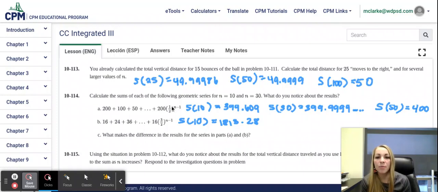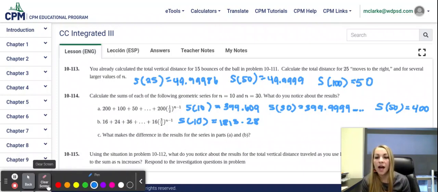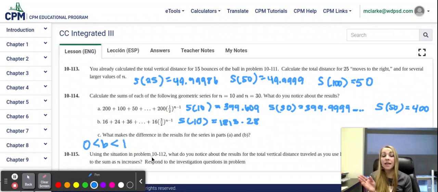We have a multiplier. We have a B value that is between 0 and 1. And so when I have a B value that is between 0 and 1, my infinite series goes to a number. So it approaches a number. We saw that here with the bouncing ball. We saw that here with the half, right?